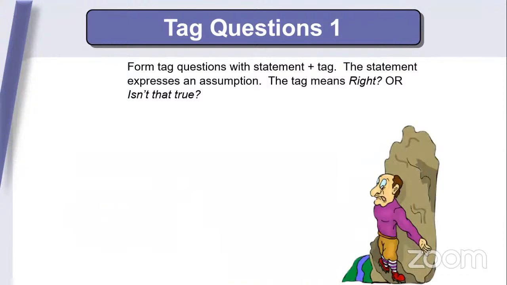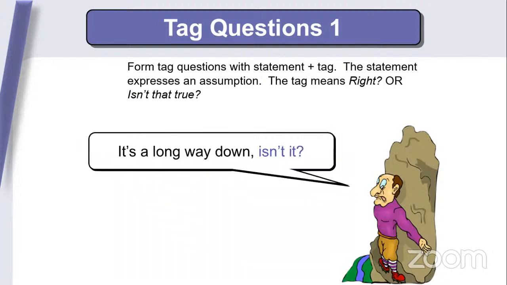Well, that question then, for in this case, we can form tag questions with statements. The statement expresses an assumption. The tag means right, or isn't that true? In Spanish, we can say, está lloviendo, no es así, right? Something like that. In English, it happens similarly with those examples. But what about this?